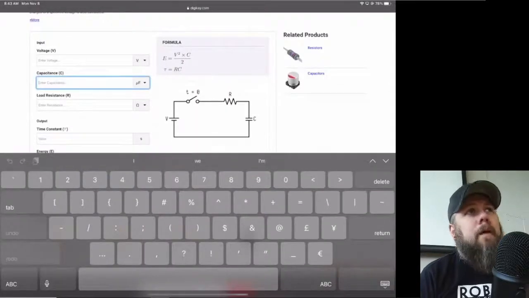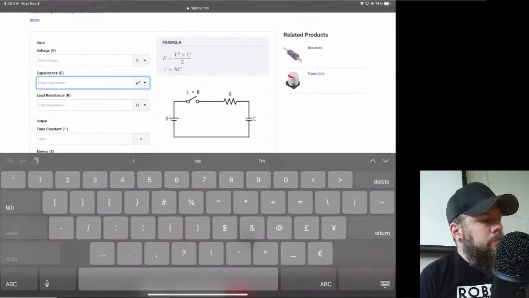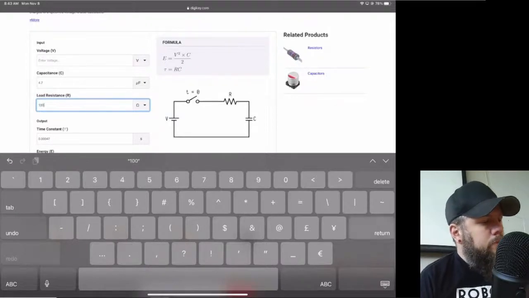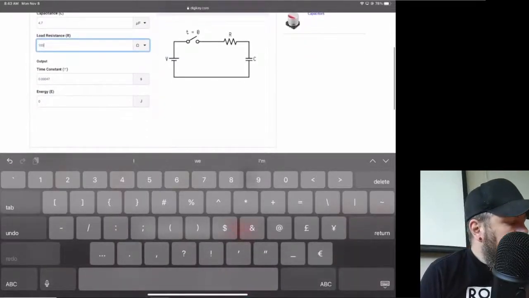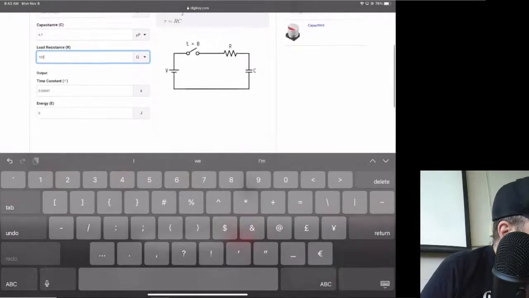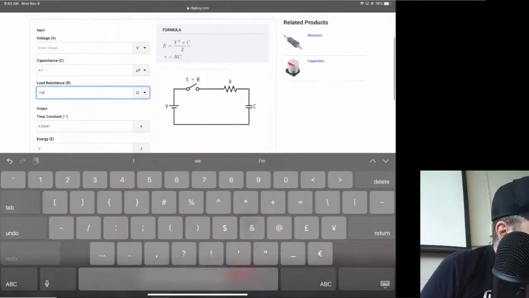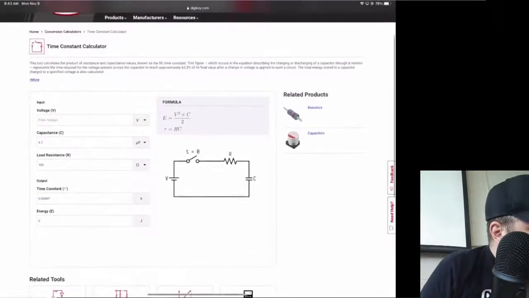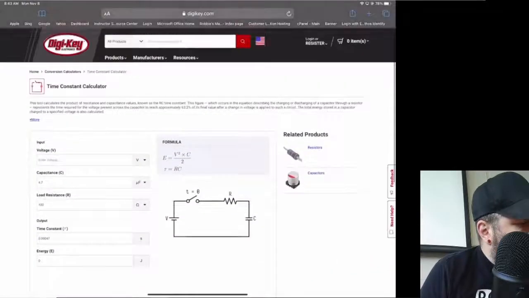That's even in microfarads, right? Well, that one's not working.